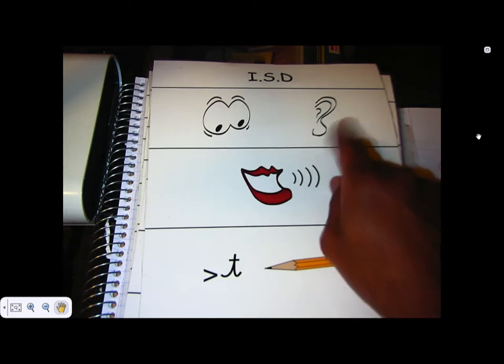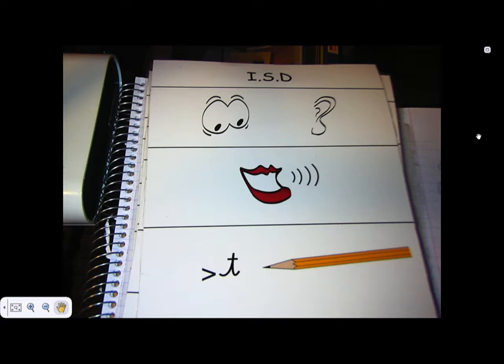As in umbrella. Echo, name, write. V, as in violin. Echo, name, write. P, echo, name, write. I, echo, name, write. Th, as in thumb.